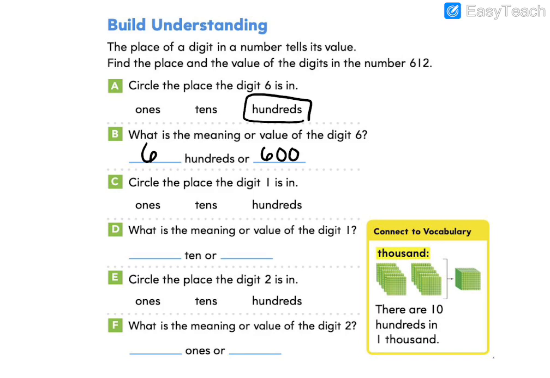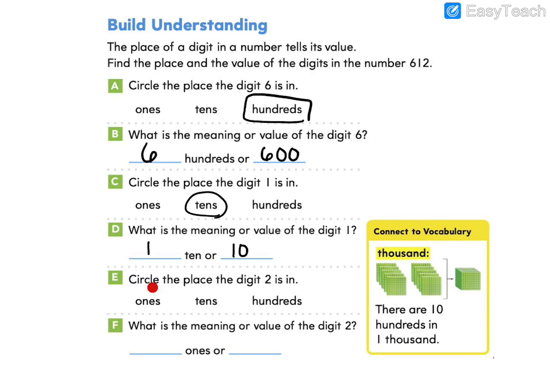Now go ahead and circle the place the digit 1 is in. You should have circled the digit 1 is in the tens place. So the value of that digit is 1 ten, or 10.